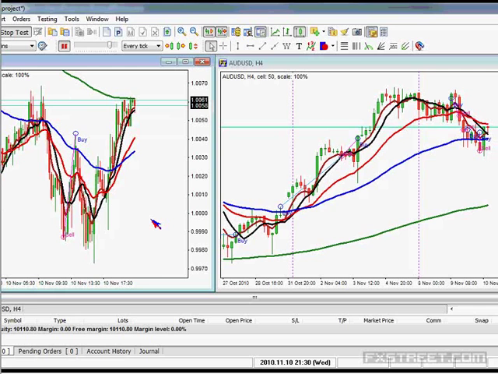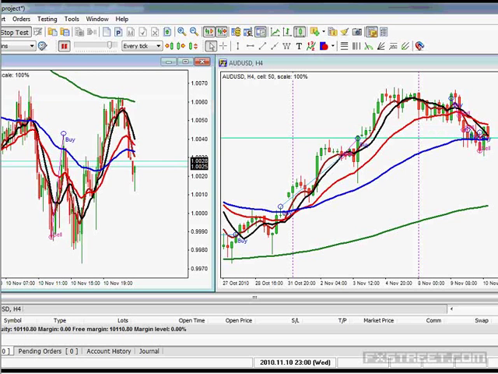Well, yes and no, because then you get psychologically damaged. See this swing through here, this break? Of all this stuff, if we can break that, we'll take it, because that's going to be a fresh 4-hour swing to the upside in here.